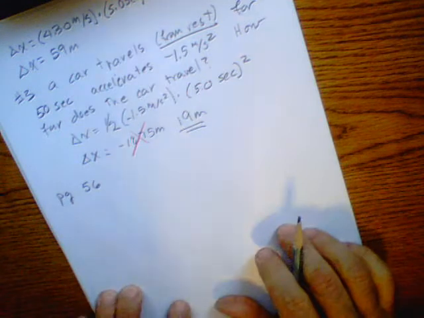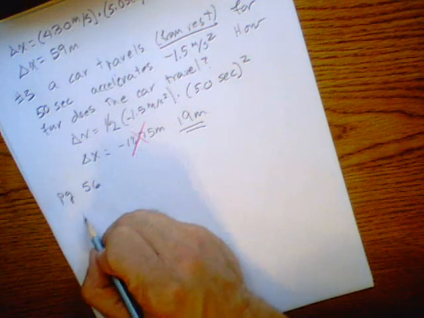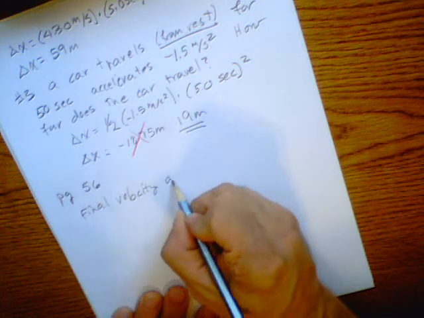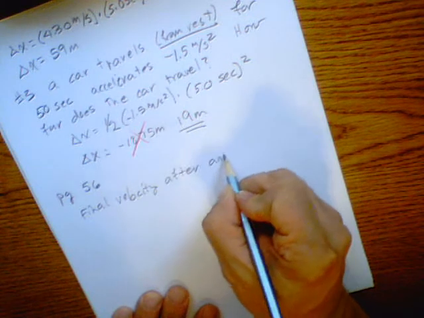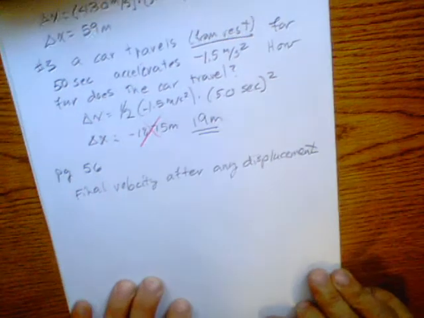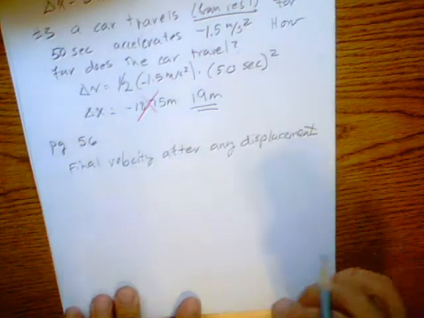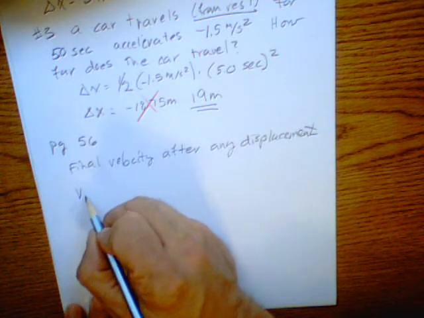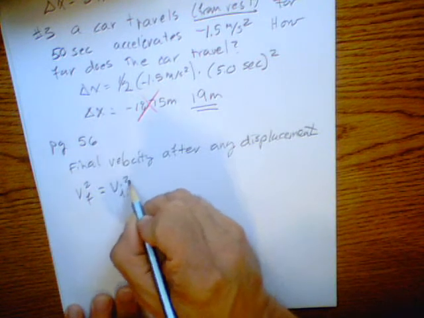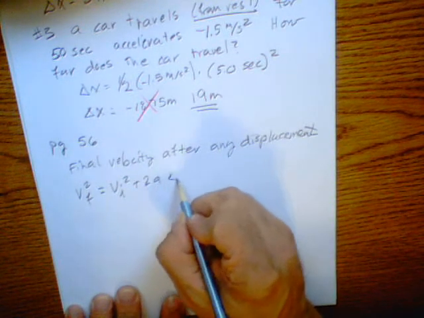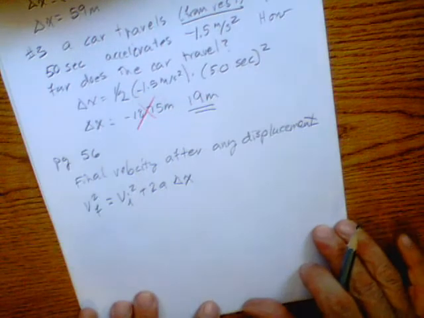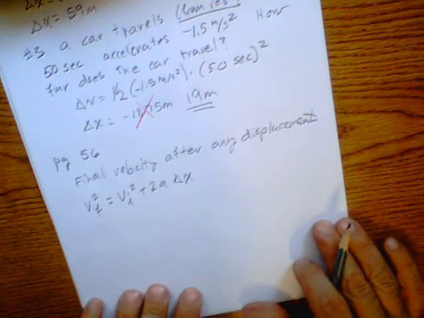Page 56. One more equation. Final velocity after any displacement. That equation is velocity squared final is equal to velocity initial squared plus 2 times the acceleration times the change in x. Notice that there's no time in this equation, and that's the purpose of this new equation.